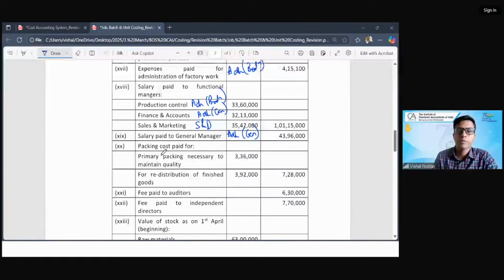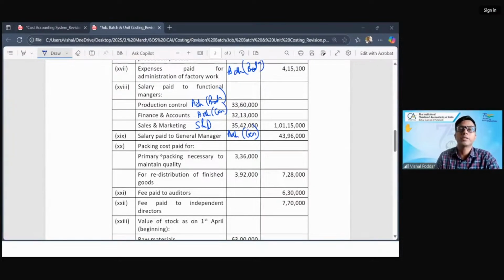Now, as far as primary packing is concerned, primary packing is required when your product is complete. So this you should add generally after the factory overheads. Now here we have factory overheads, we have quality control, we have your R&D expenses. Plus, we also have administration related to production.